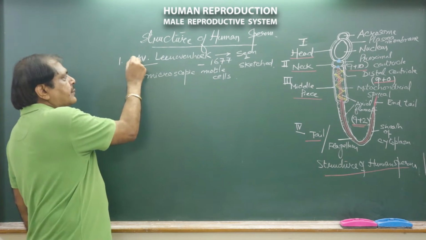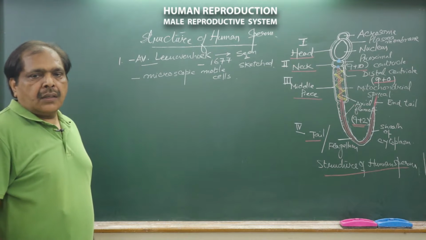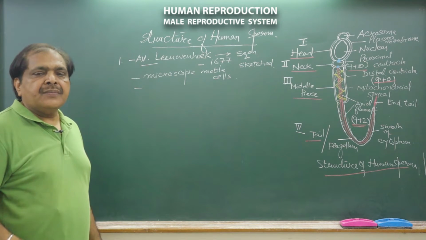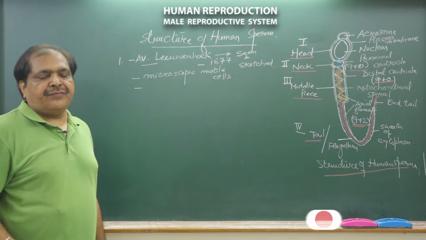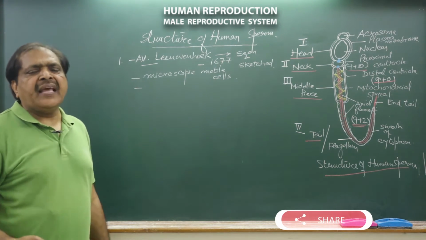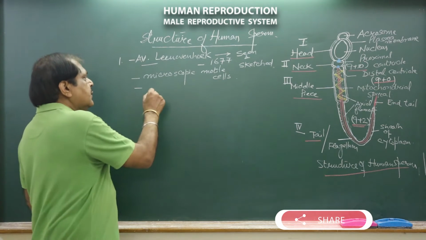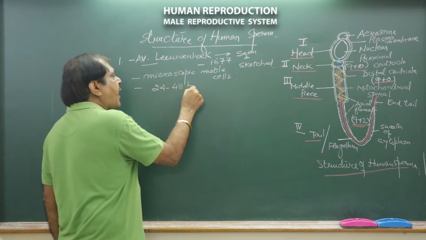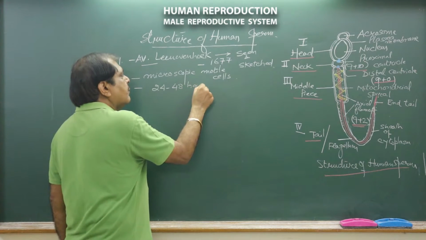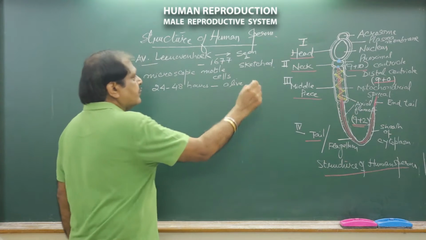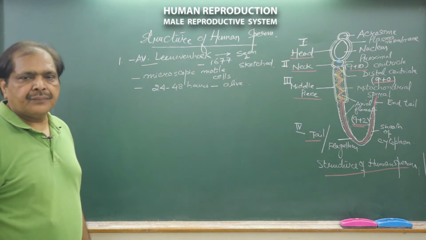Second point. Third, sperms remain alive in the female genital tract for about 24 to 48 hours. Then they die.